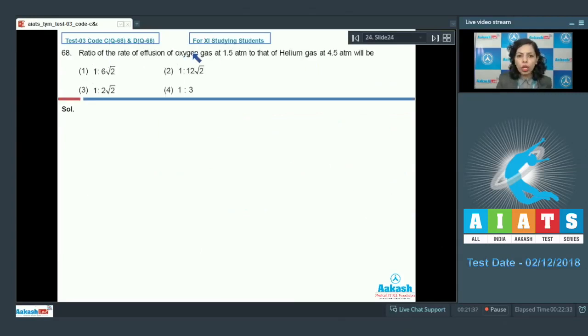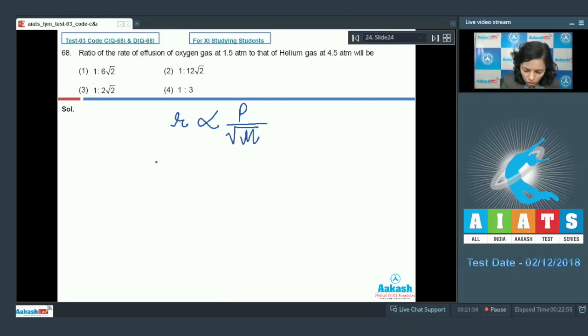Let's take question number 68. Ratio of the rate of effusion of oxygen gas at 1.5 atmosphere to that of helium at 4.5 atmosphere will be? This is the question in which we are talking about the rate of effusion, and that rate of effusion is directly proportional to the pressure on the gas and inversely proportional to the molar mass of the gas.